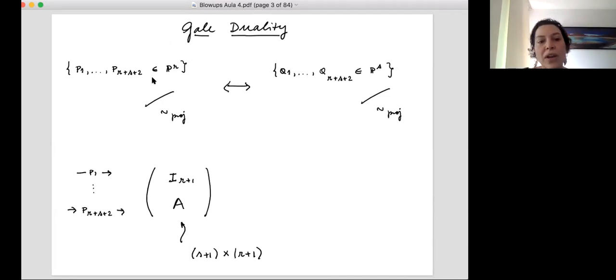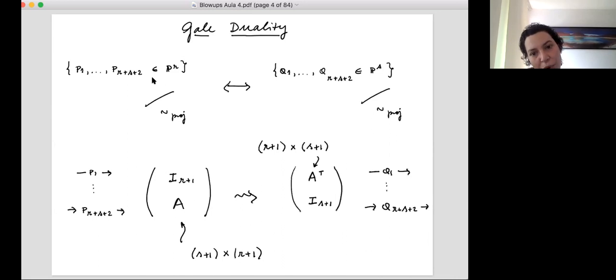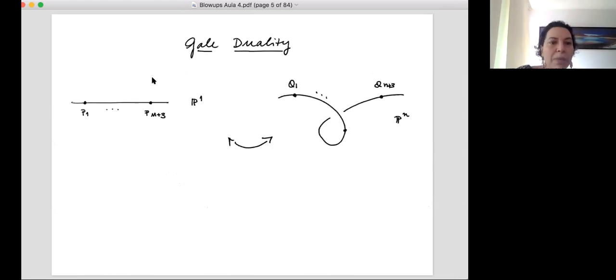After some change of coordinates, you may assume that the first r plus 1 vectors form the identity matrix, and then you just complete with the matrix A. And then you take the transpose of this matrix, and in this way you get your r plus s plus 2 points in the projective space Ps.